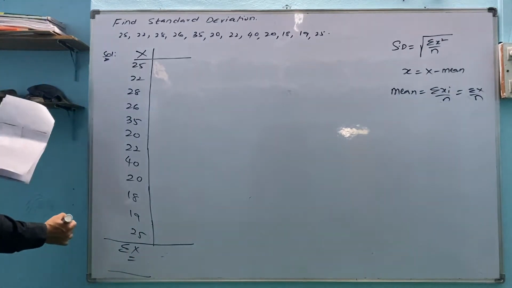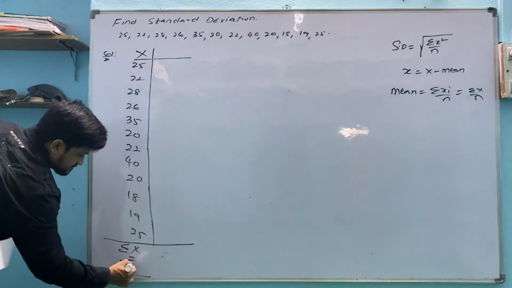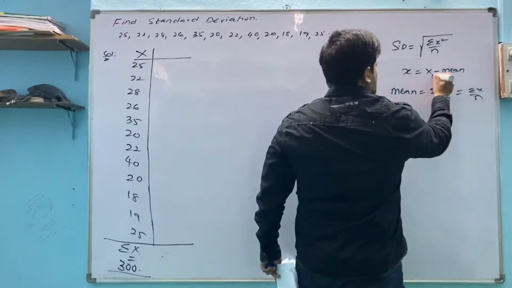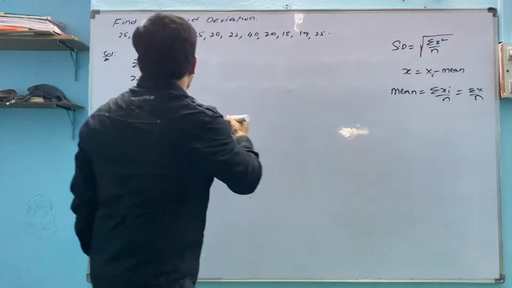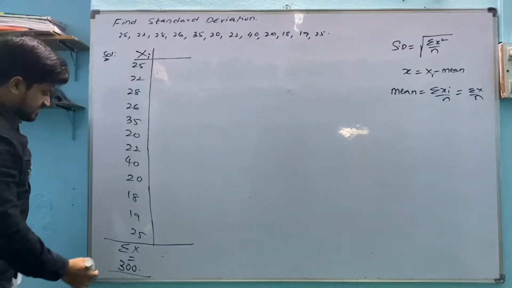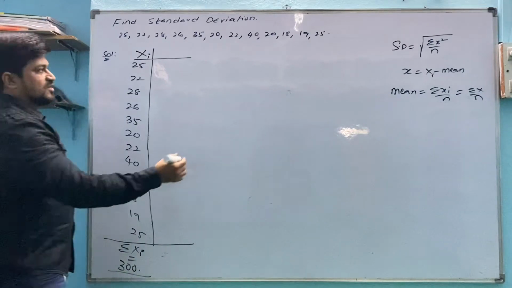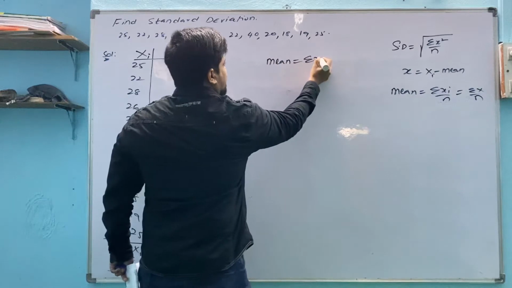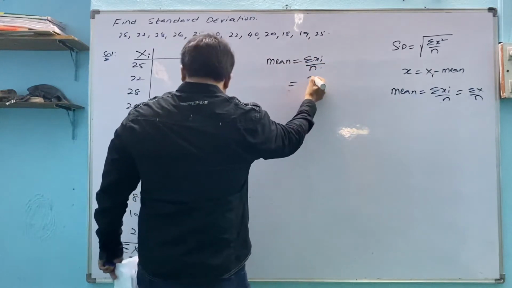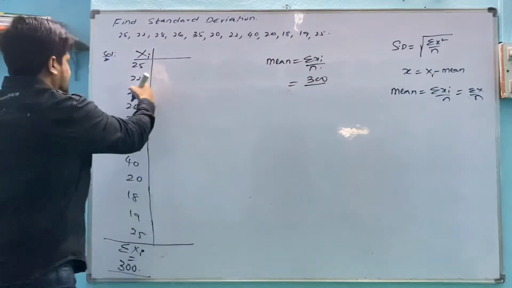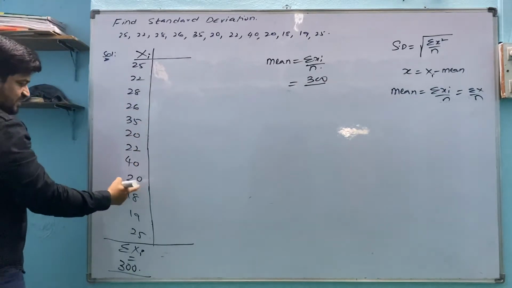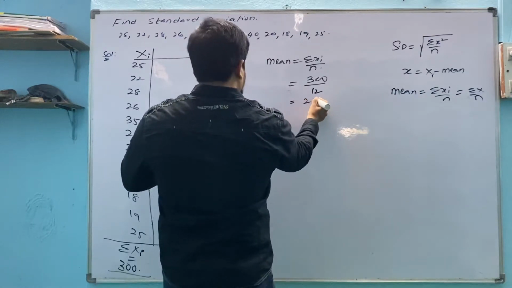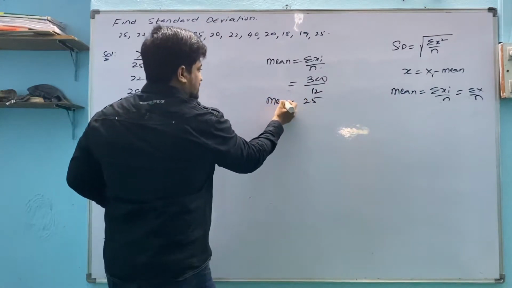Summation x is 300. If you want, you can take xi only, no problem. This is xi. Sigma xi we have 300. Now I am finding mean here. Mean equals sigma xi by n. Sigma xi 300 divided by 1, 2, 3, 4, 5, 6, 7, 8, 9, 10, 11, 12. So after dividing by 12, we got mean equals 25.